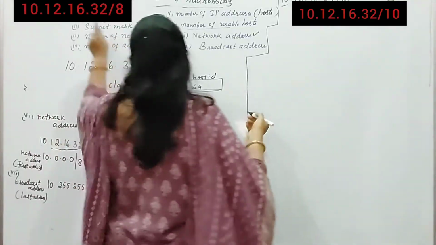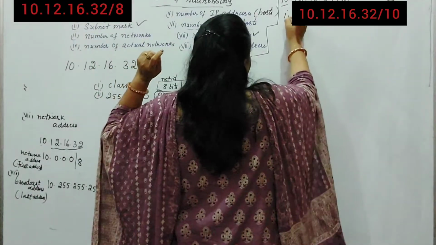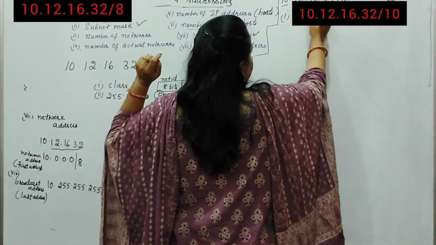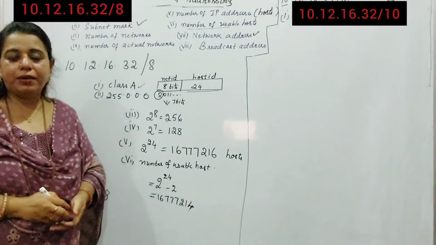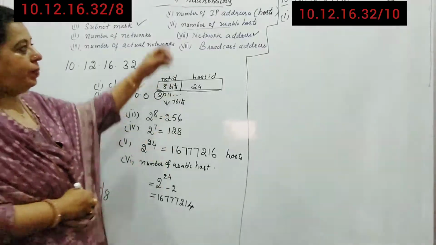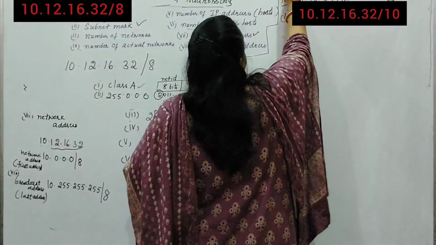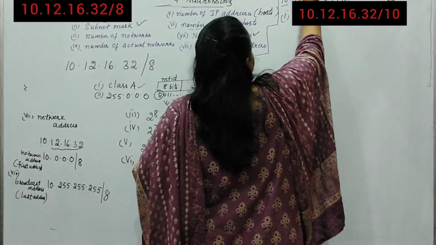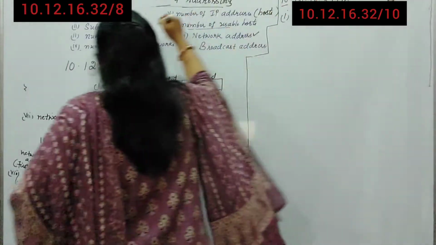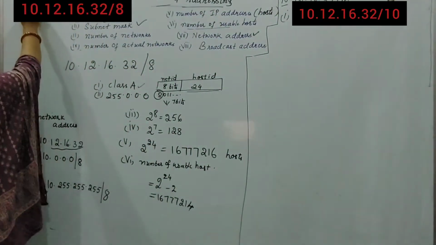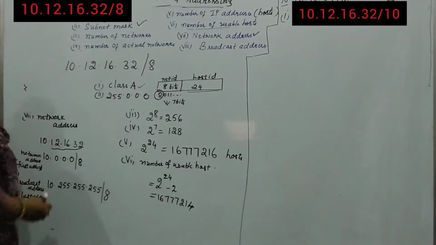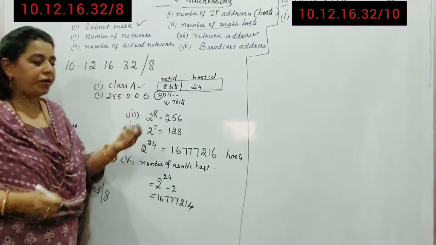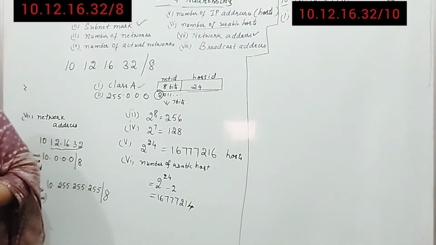So you will write here, finding the type of the class: it is class A. So the solution for the first one you have written here, it is a class A IP address. This is example 2, and the first one you can take as example 1. My main aim here is to show the difference between the solution in both these cases.